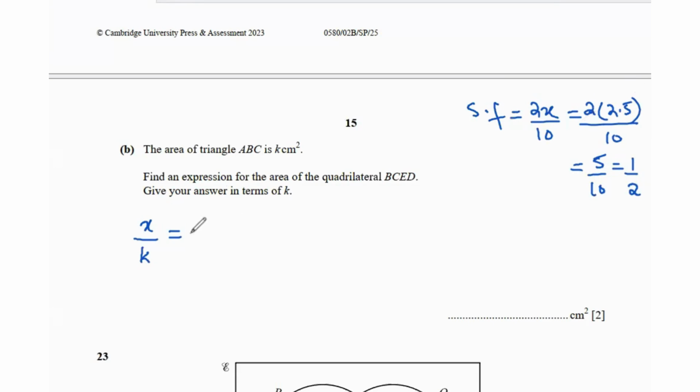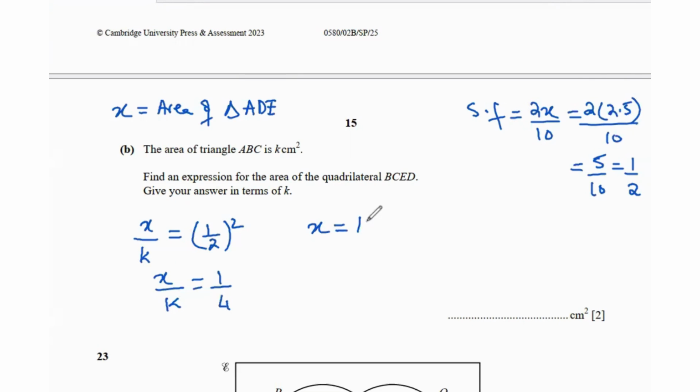So x over k will equal 1 over 2 squared, which is 1 over 4. x is the area of triangle ADE, by the way. Let me write that. So now x would be k over 4. That is the area of ADE.